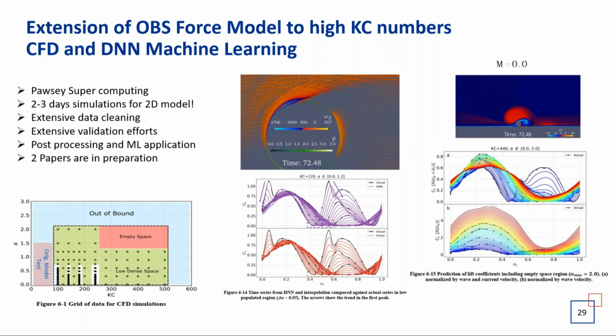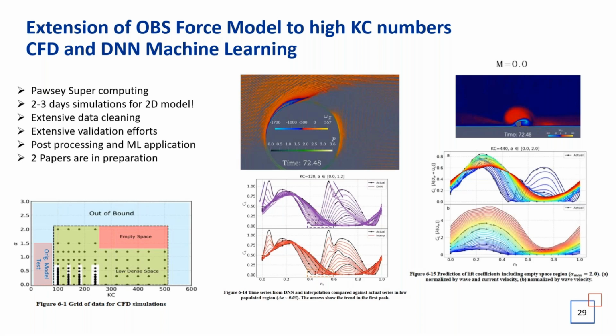So we did extensive work with CFD and the supercomputer and expanded the data that we have to the green box, where we could increase the Kc to 500 and also the alpha, which is the current to wave ratio, to 2. These particularly high Kc numbers are very helpful for small diameter pipes, such as cables, 6-inch pipes, MEG lines, and all that, which would provide us a lot of insights.